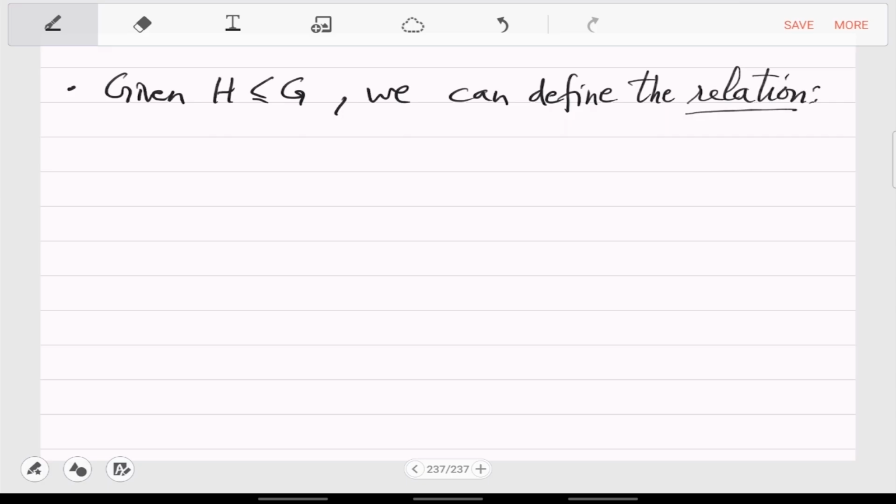G1 we will say is related to G2 if what should happen? If G1 is in G2H.